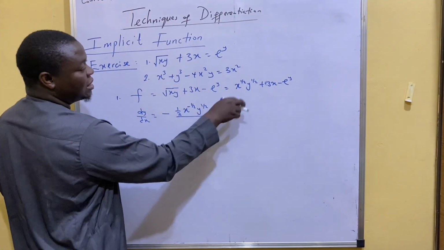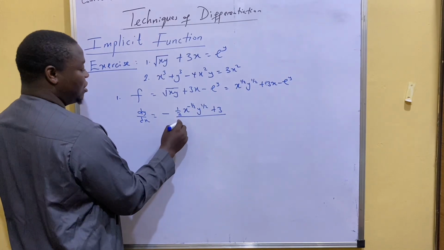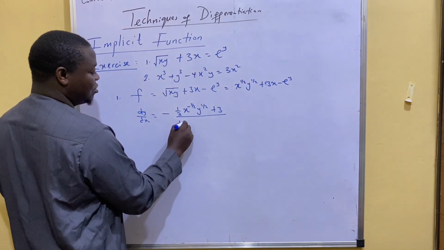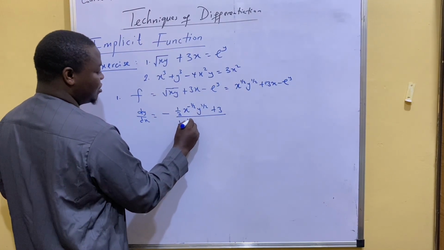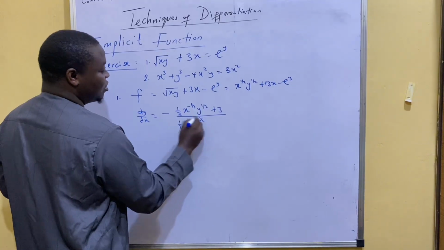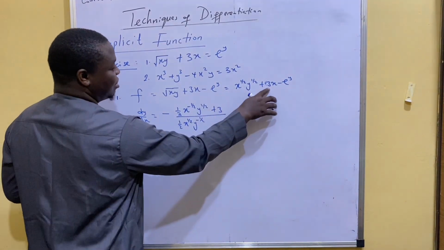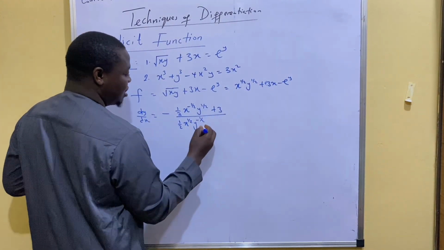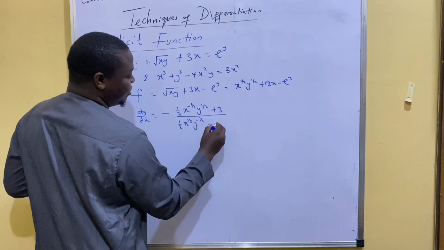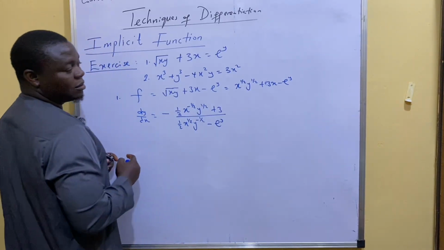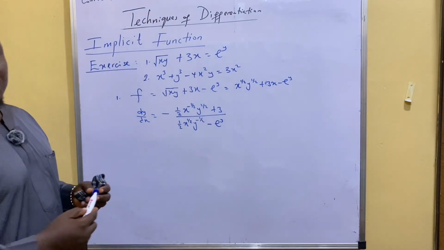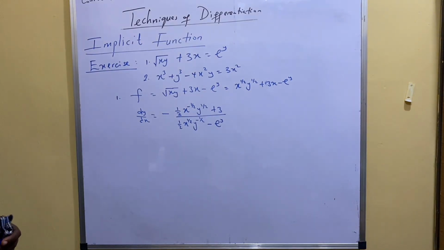over, so this minus is for all of them, so that's why it's standing alone, okay? So over, now we differentiate with respect to y. So that will give us 1 over 2, x to the power 1 over 2, y to the power minus 1 over 2, okay? Then this becomes 0, and this will now become minus exponential y. Okay, so that's our solution. We just need to simplify, and that's all.